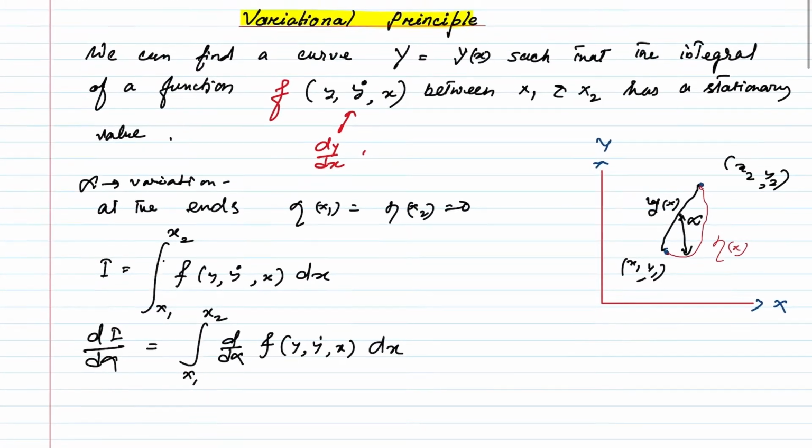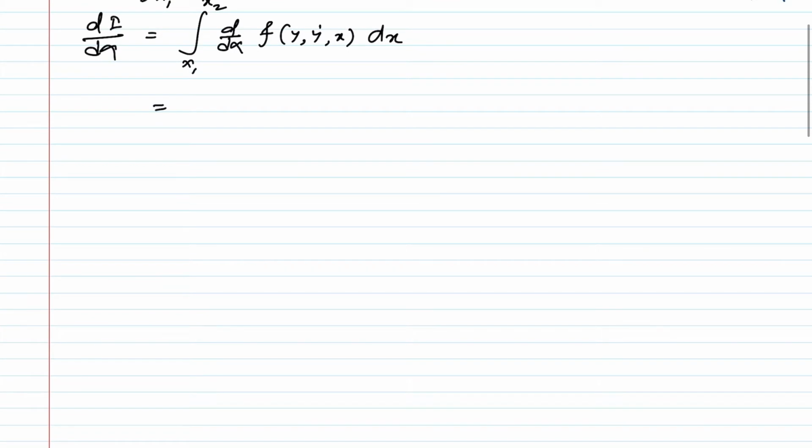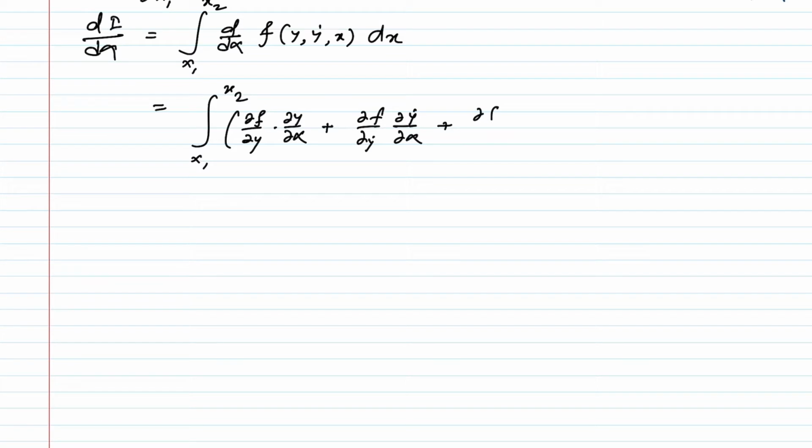This implies, from x1 to x2, del f by del y into del y by del alpha plus del f by del y dot into del y dot by del alpha plus del f by del x into del x by del alpha.